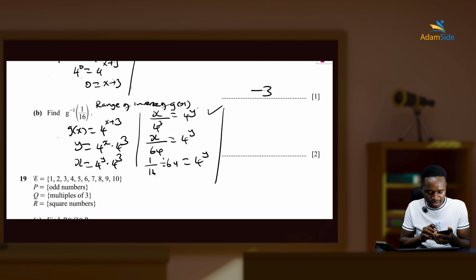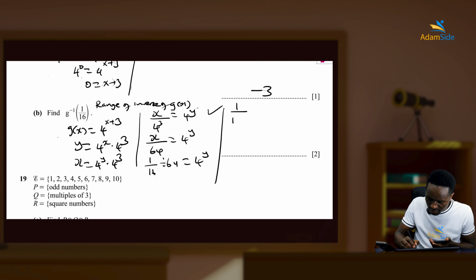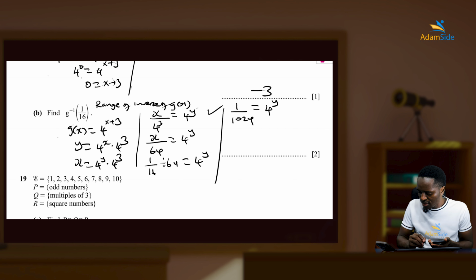Let's just do that. So 1 divided by 16 divided by 64, you get 1 out of 1024, which is equal to 4 power y. Then we need to find the value. We are looking for y.